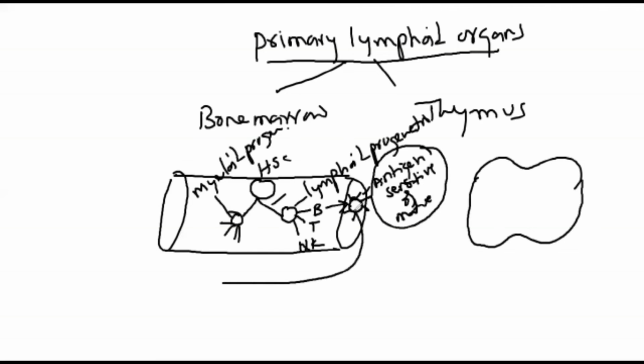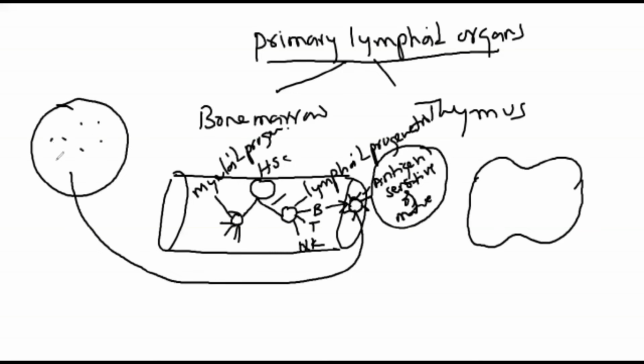From there, they reach the secondary lymphoid organs where they can recognize the antigen if present. So they become active B lymphocytes.